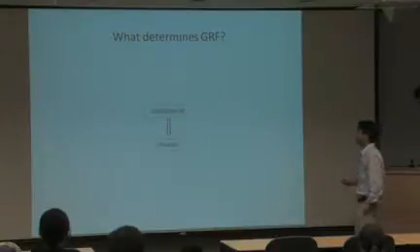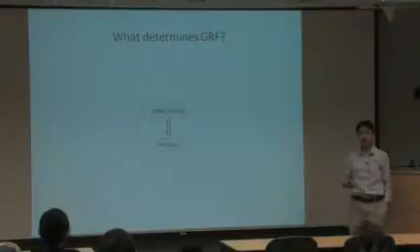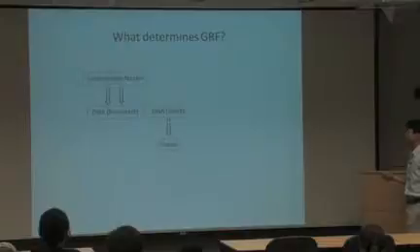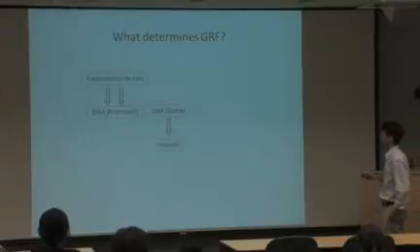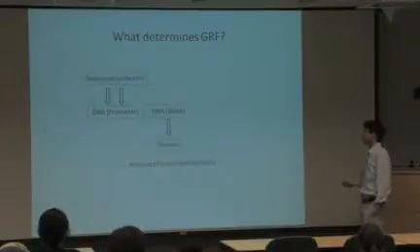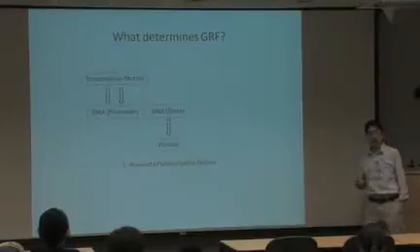So you might ask, what determines the gene regulation function? Well, it's going to boil down to what happens at the promoter level between the transcription factors and the DNA. How transcription factors interact with the DNA is going to determine the shape of this gene regulation function. So, what determines the interaction between the two? Well, first, the amount of transcription factors.